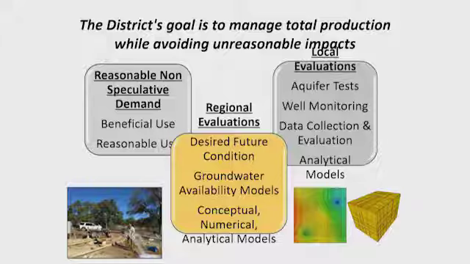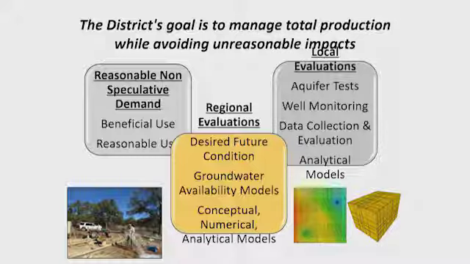So really, we look at that non-speculative demand, which I talked about. Each permittee for its use type has to prove up that they have a demand that's reasonable. And then we also look at regional evaluations, which all of our districts do. We're trying to get a handle on what that new proposed pumping will do to the aquifer overall over the long term and to the DFC.